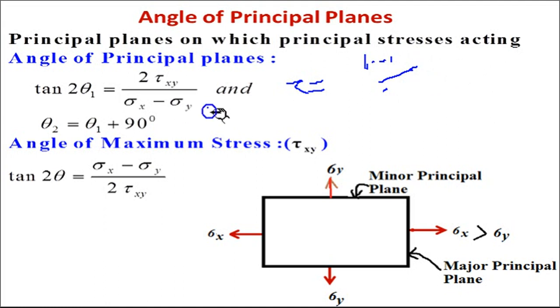So using that equation we have derived this equation. One principal plane will be at an angle theta 1, and the second principal plane will be at theta 1 plus 90 degrees, which means the second acts perpendicular to the first. Suppose theta 1 equals 20 degrees, then theta 2 will be 20 plus 90, that is 110 degrees.